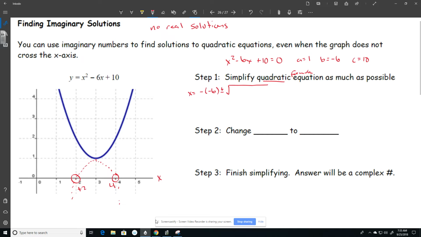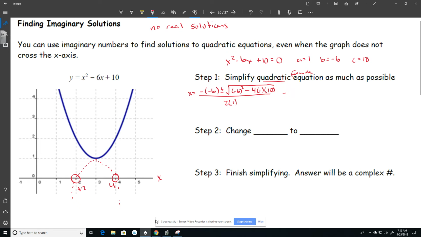I know some of you are already cringing because you hate writing this out. Too bad. Write it anyway. b squared, -6 squared, and don't be lazy and forget your parentheses, minus 4 times a, which is 1, times c, which is 10. And then I divide all of that by 2 times a, which is 1.